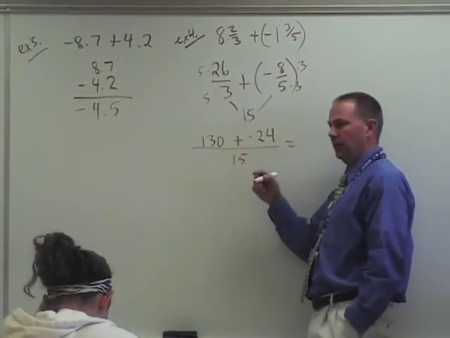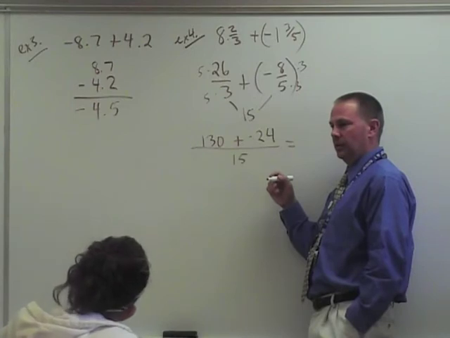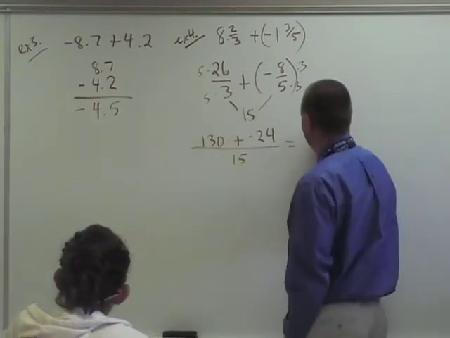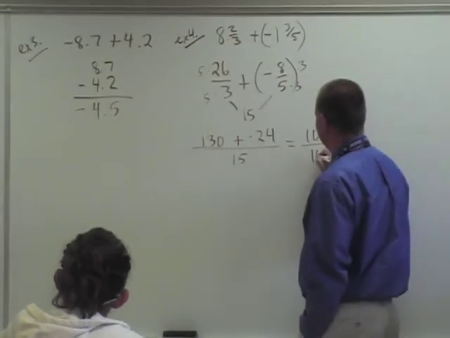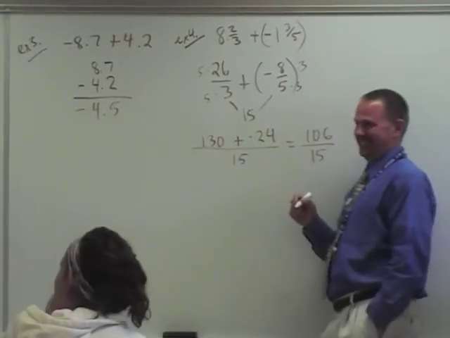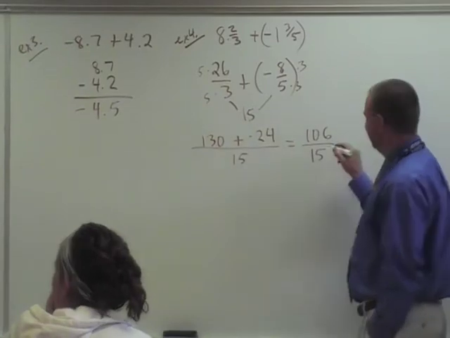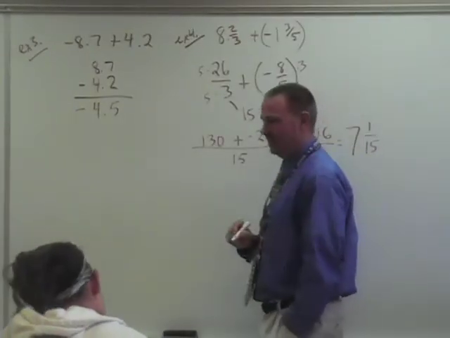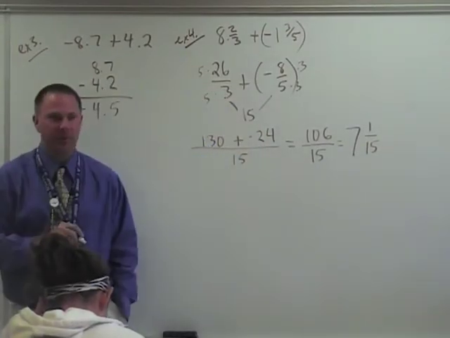Plus 24 gives you 30. 7 times 15 is 105. The remainder 1.